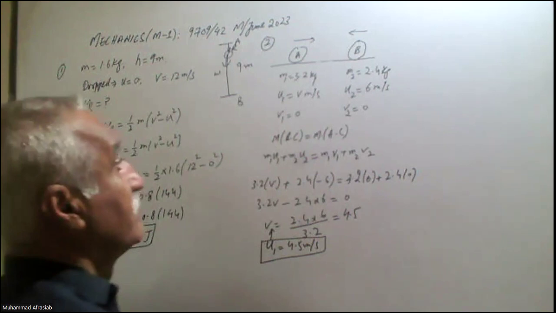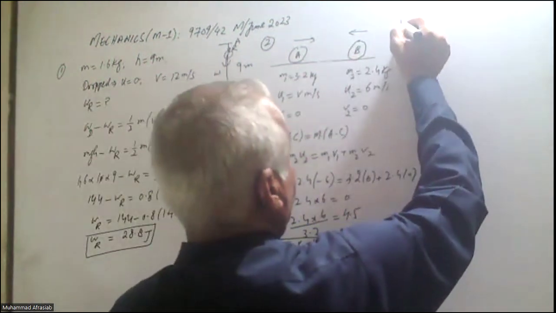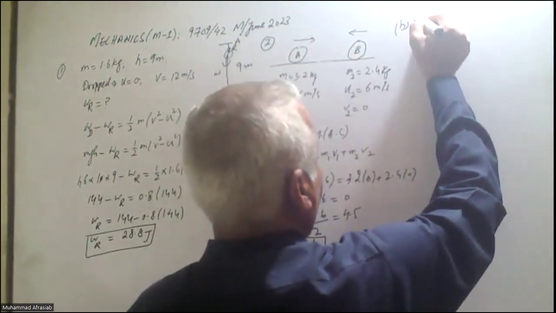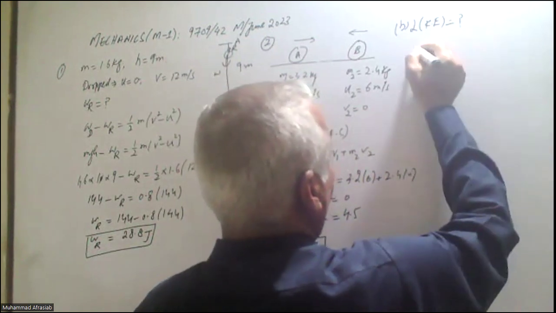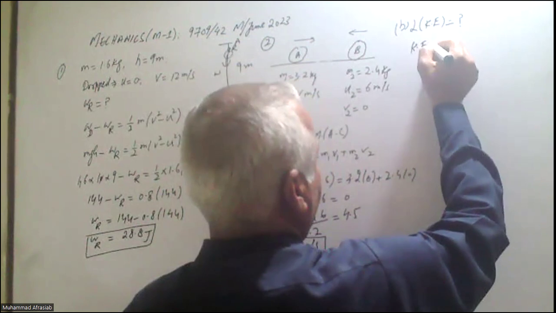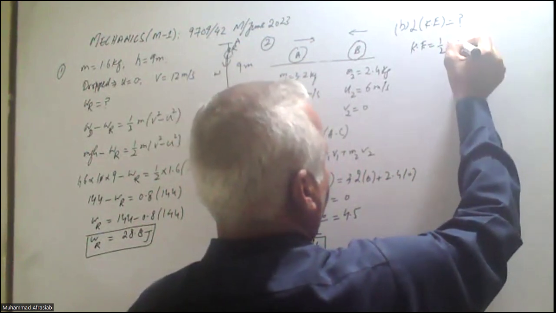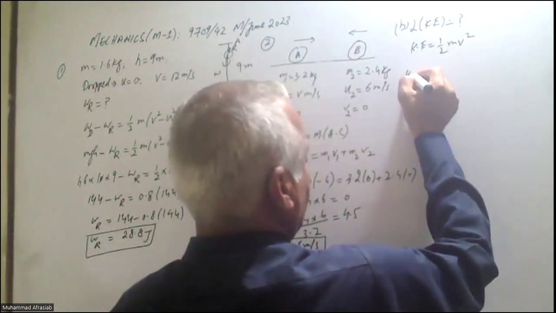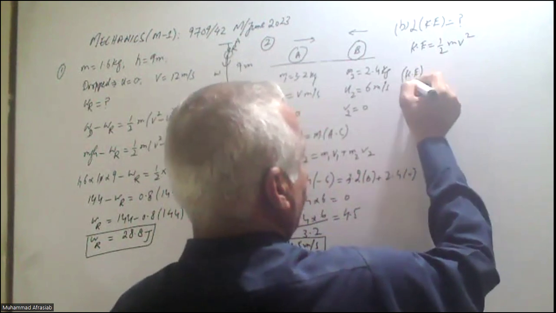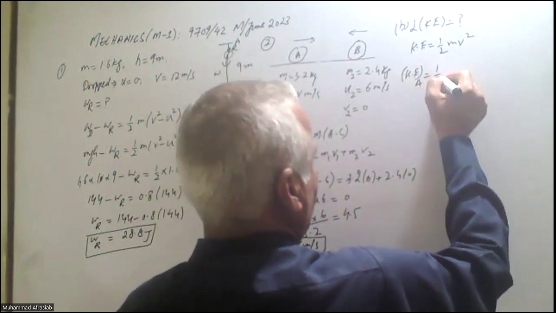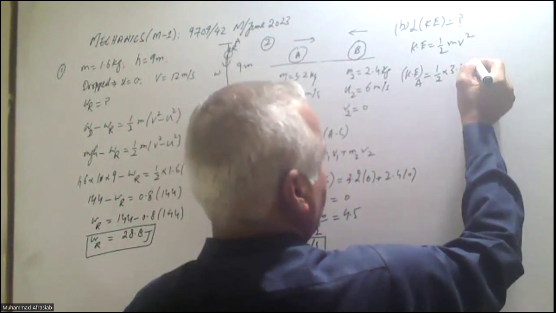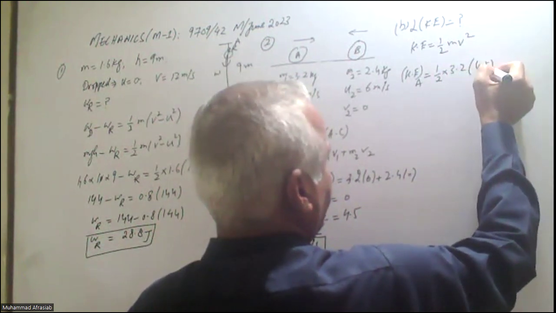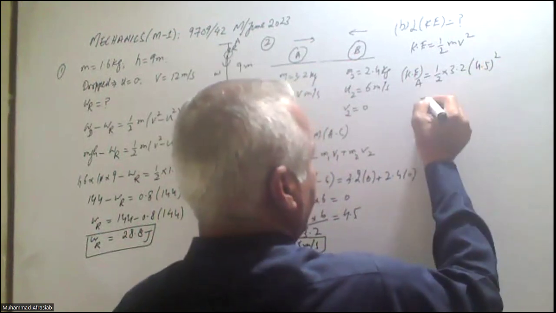Second part, they asked about the loss in kinetic energy. We know that kinetic energy is equal to half mv square. So kinetic energy for the particle A is equal to half, mass of that particle is 3.2 and velocity of that particle is 4.5 square.